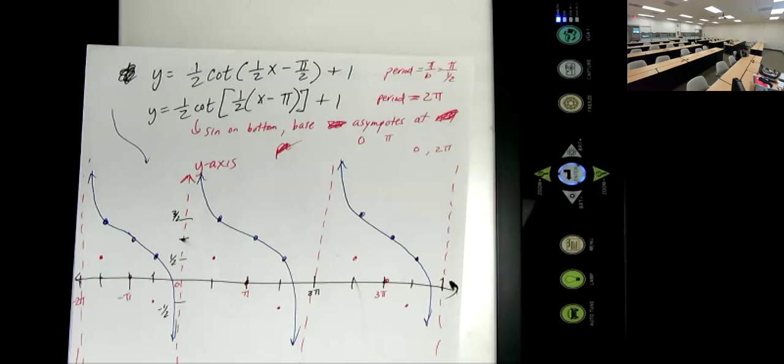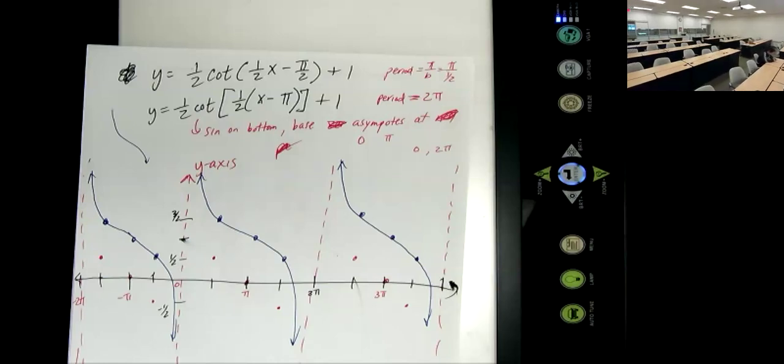So it's always going to be pi over b for tangent and cotangent. How did we get the points? We literally figured out sine and cosine, figured out where the zeros are. Anything that has a 1/0 is an asymptote, and that's a vertical dashed line.